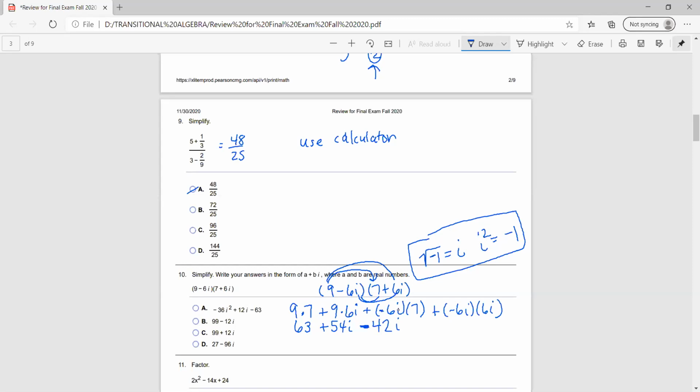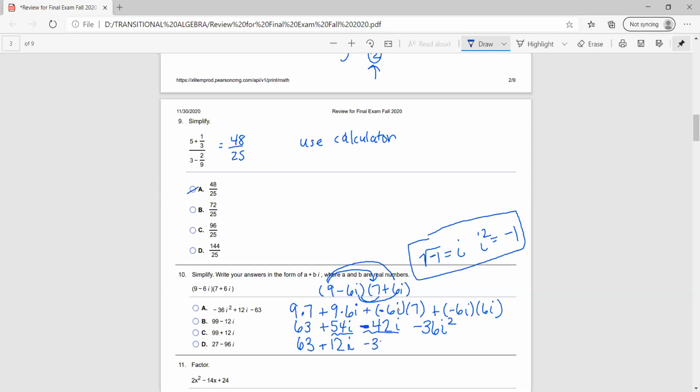And then I've got -6 times -6, which is going to be -36. I times I would be I squared. Okay, now it looks like we could get rid of a couple of things. It looks like these two can come together. So positive 54 minus 42 is going to get you a positive 12i.